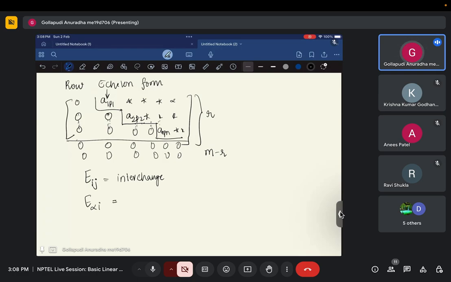Another is multiplication of the ith row by a non-zero scalar value. And also one of the elementary operations is adding a scalar multiple of a row to another row. So these were the basic operations which we saw to get any matrix to the row echelon form.